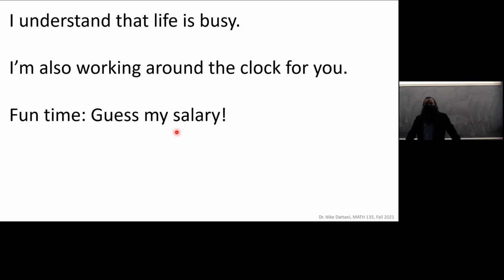Anyone else? 160? Oh. Okay. How many people think it's in that ballpark? Per year? Okay. Yeah. 140, 160. Anyone else? Minimum wage? Yeah. I think I might be happy if it was minimum wage. Okay. It's less than minimum wage.